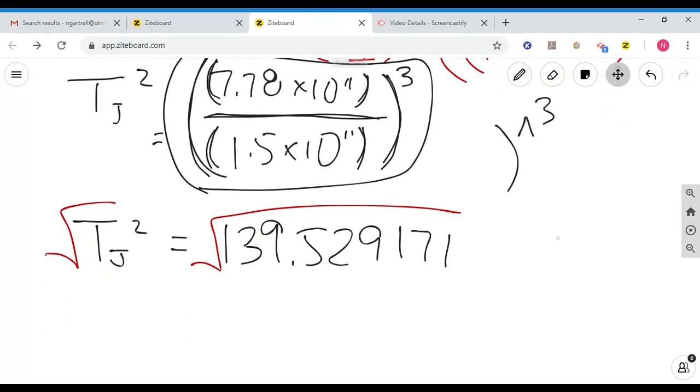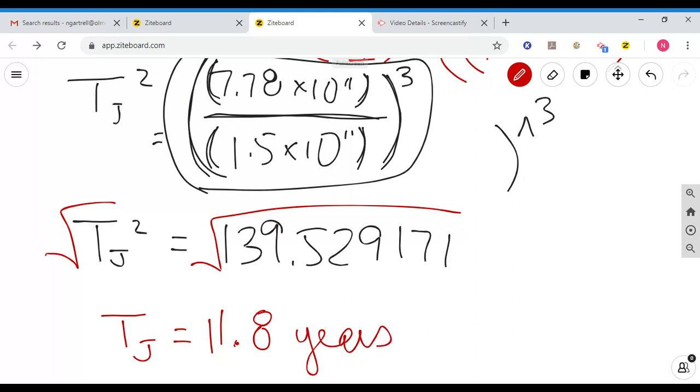And in terms of years, give me 1 decimal point on this one. So 11.8 years to go around the sun. So if you're 16, you would be almost 1.5 on Jupiter. If you're 17, you would be getting a little closer to 1.5.